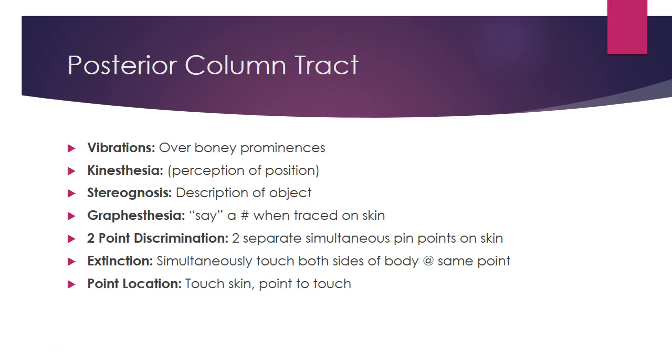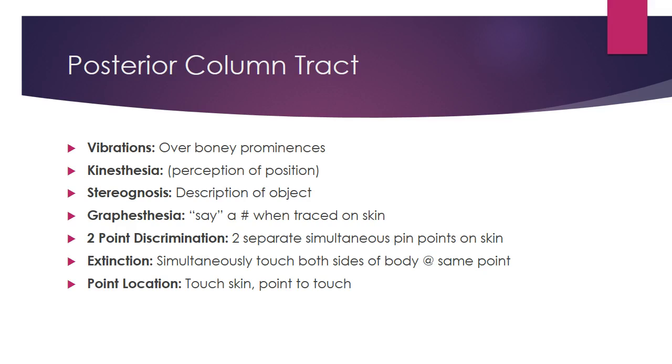Graphesthesia is you trace like an 8 on their hand. Their eyes are closed and they say what you traced. Do 2-point discrimination, which is 2 separate simultaneous pinpoints on the skin. Extinction, which is something that's done in the NIH scale. A lot of this is done in the NIH scale, which is the stroke scale.